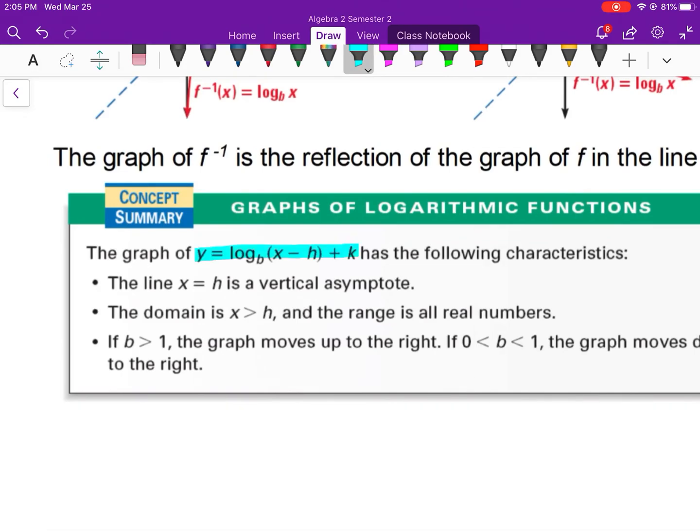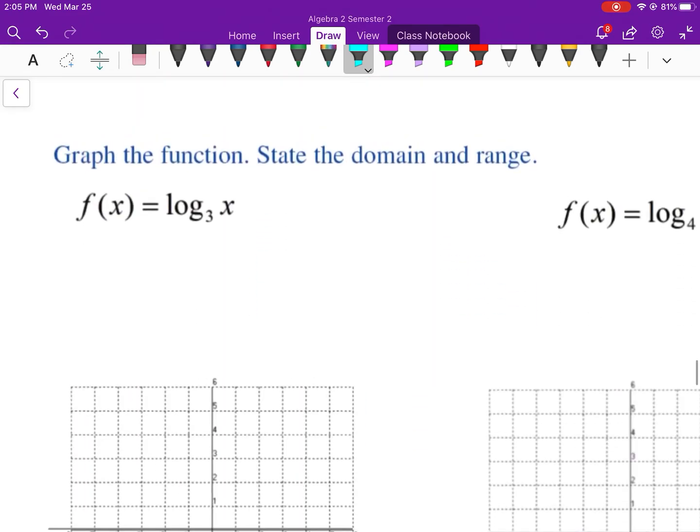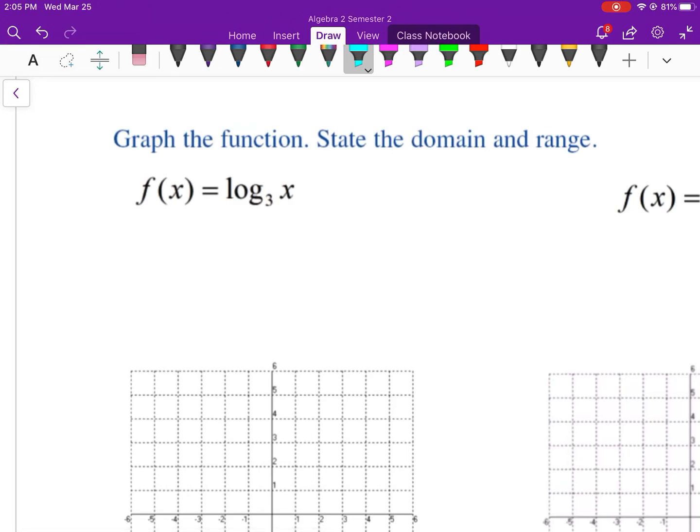If you look here, again, you're going to notice h and k. We're not going to worry about those a values yet. Again, h, k. h is our shift left and right. k is our up and down. And we're going to have our new asymptote again.